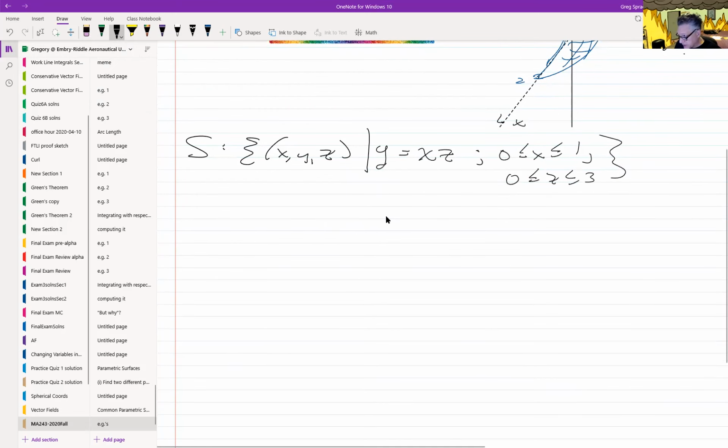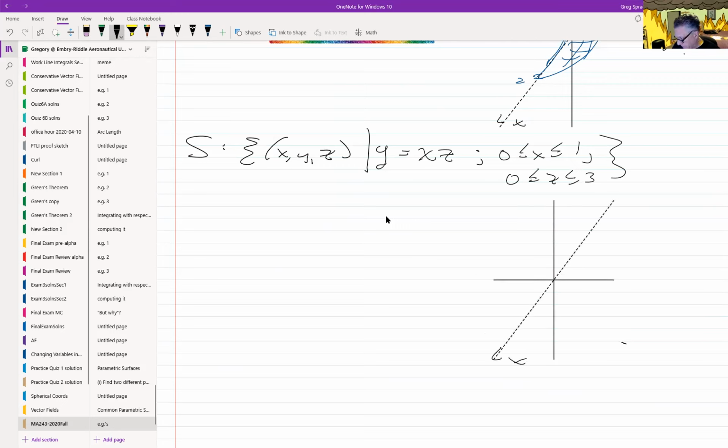I don't need to sketch that desperately to do the problem, but I'll make one anyway. See, X goes from 0 to 1, Z goes from 0 to 3.